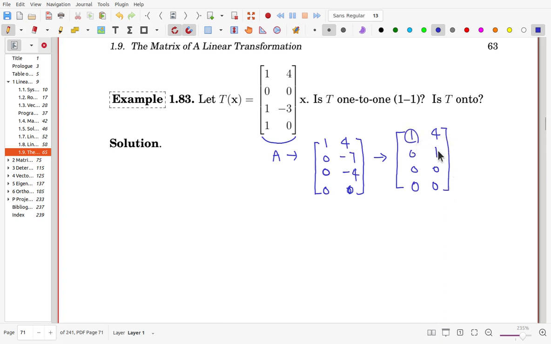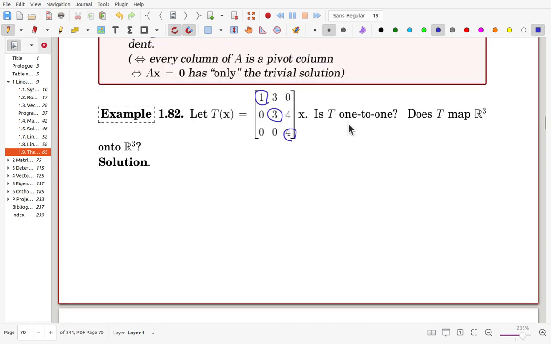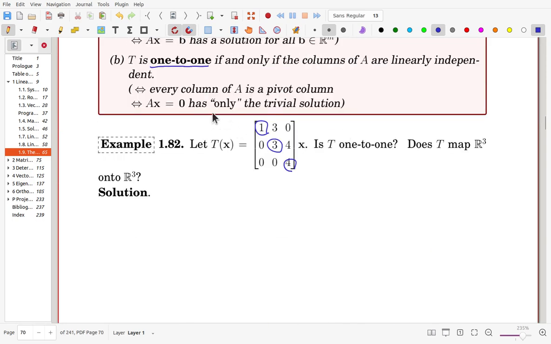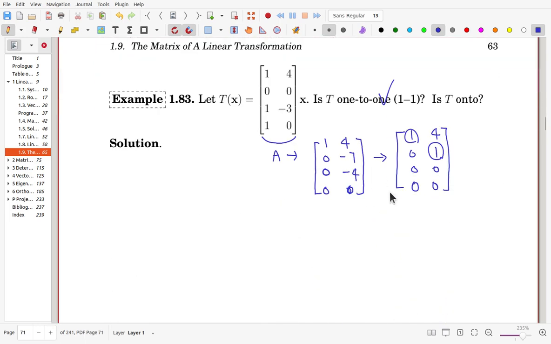Here we have a pivot, we have a pivot. And every column has a pivot, which means that it is one-to-one. Okay, that's one-to-one. So we check the possibility of one-to-one by using that statement: every column of A is a pivot column, so it is one-to-one.